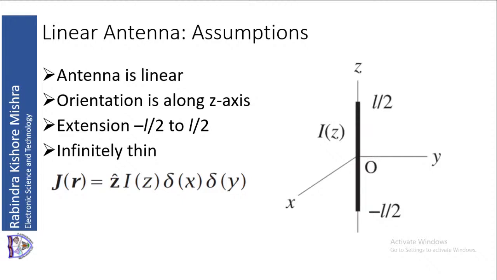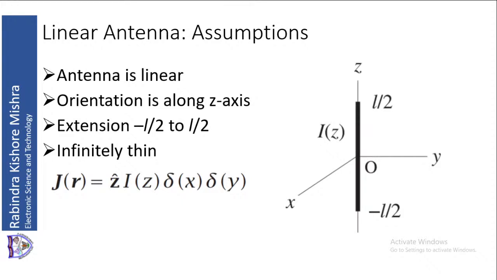Current is a vector quantity, therefore current density is a vector quantity. So z cap gives you the unit vector of the current density. Then I(z) is the variation of current along z.